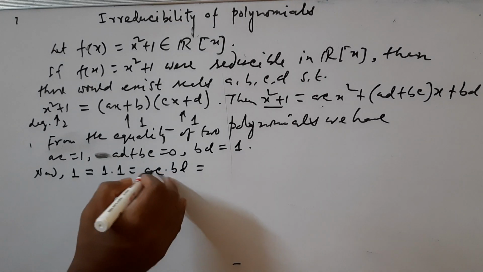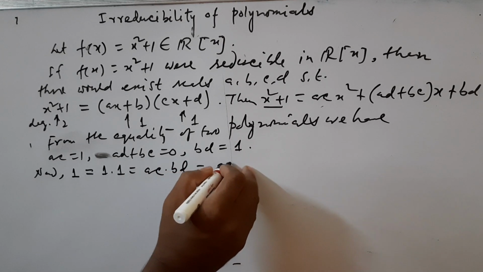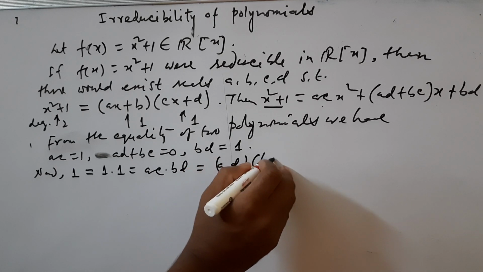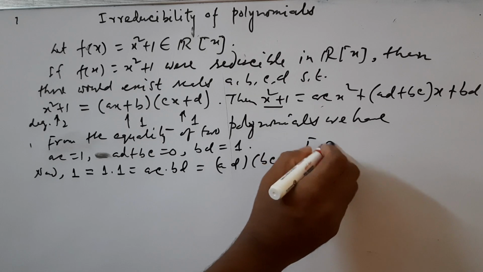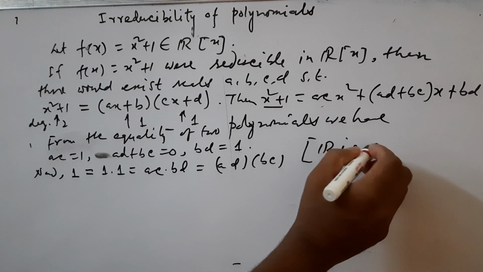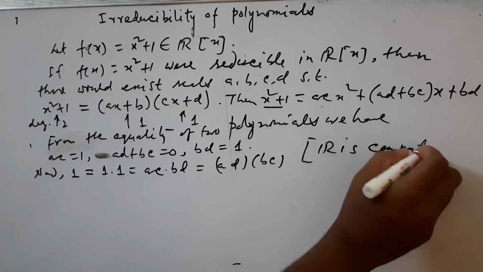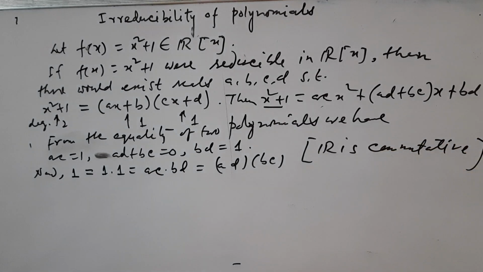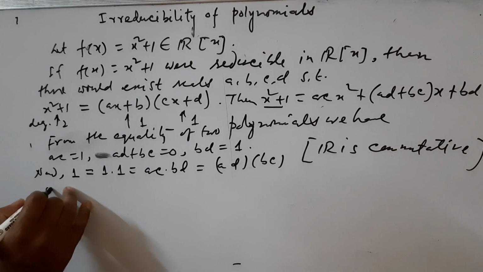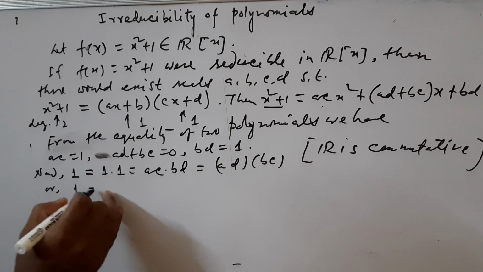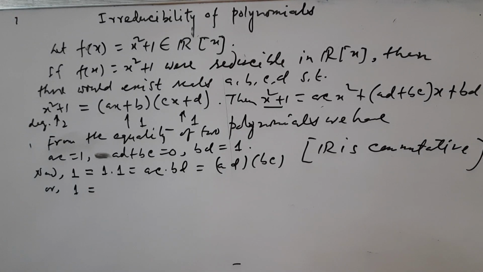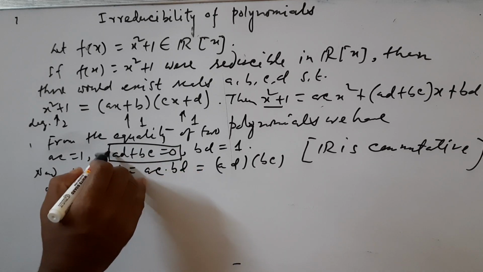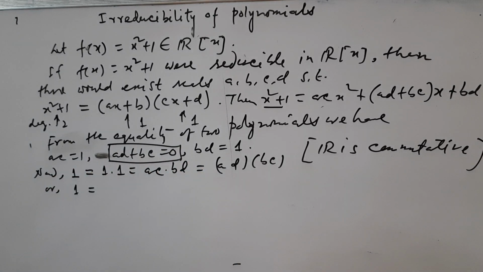Now you can write from here ad into bc, because R is a commutative ring. We find 1 equal to, now here is a relation, ad plus bc equal to 0.